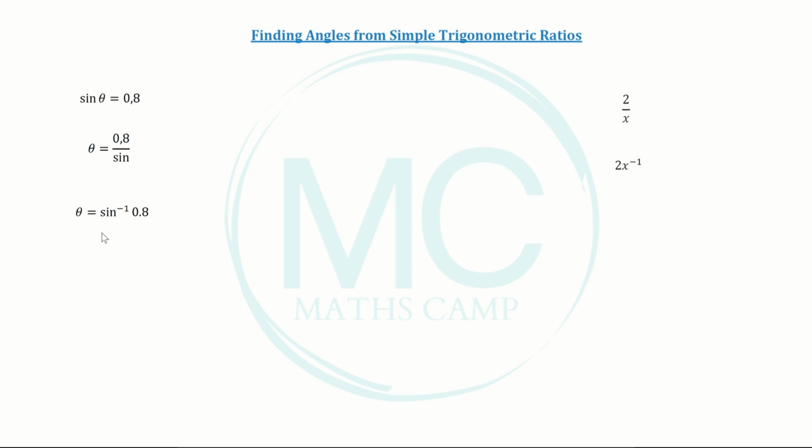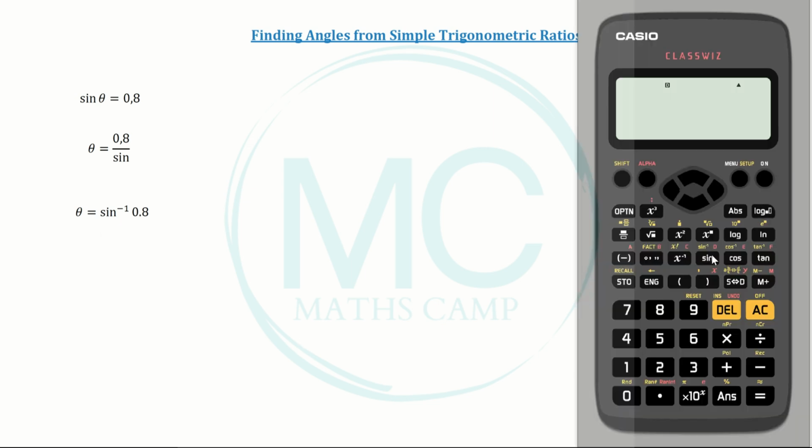Now let's look at how we can get sine to the negative 1 on our calculator. We know that if you press the sine button, you get sine up here. But how do we get inverse sine? The top left button on your calculator will say shift or second function.